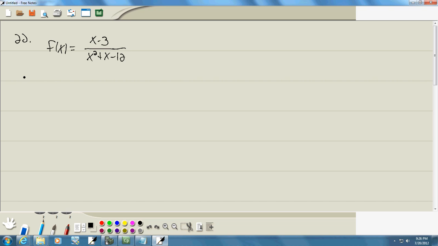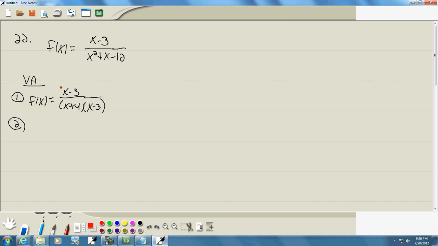Now, first thing we're finding is the vertical asymptote. Your steps in finding the vertical asymptote: you factor the top and or bottom. In this one, we don't have to factor the top, but we can factor the bottom. Bottom factors as x plus 4 times x minus 3, using the PSD method. And step 2, cancel.